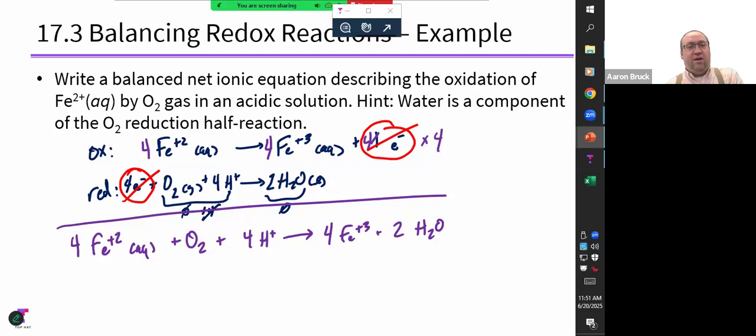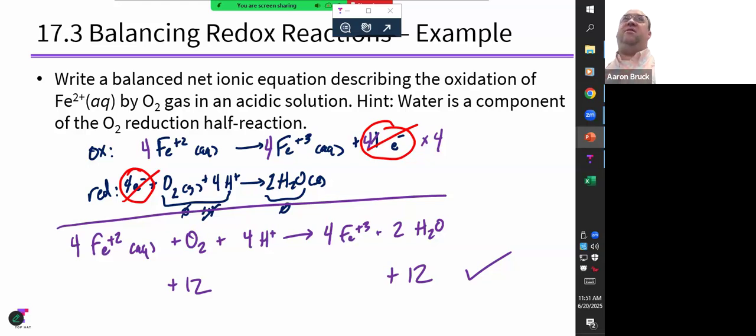Again, I can check just to be sure using the charges. Positive 8 plus 4 is positive 12. 4 times positive 3 is positive 12 plus 0 is positive 12. My equation is charge balanced, which means it's also highly likely that it's atomically balanced as well.